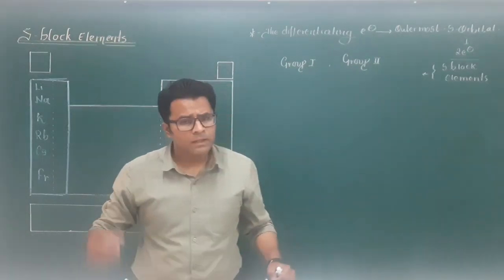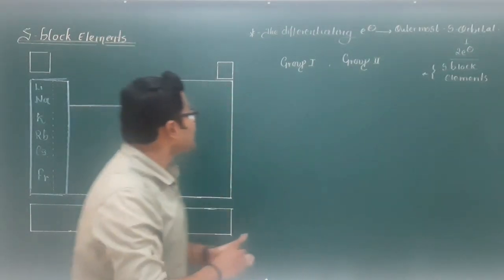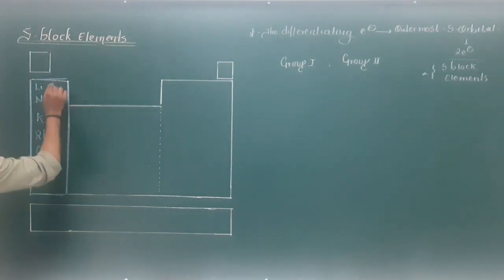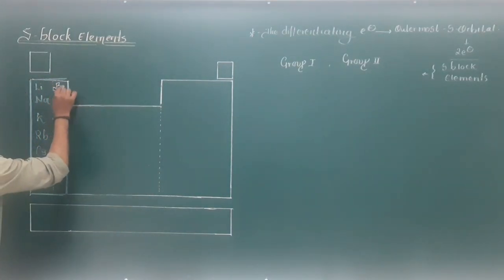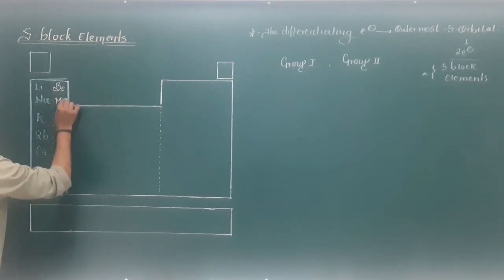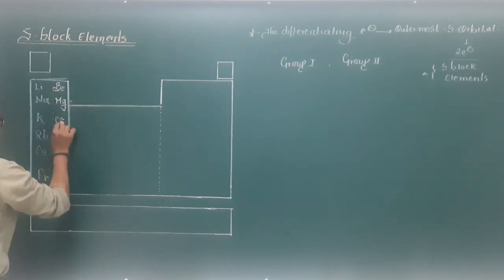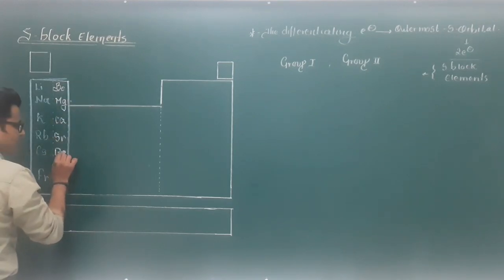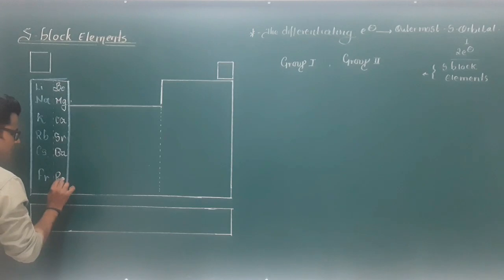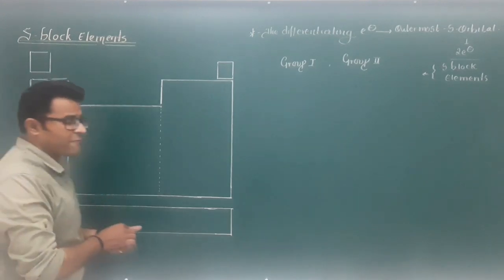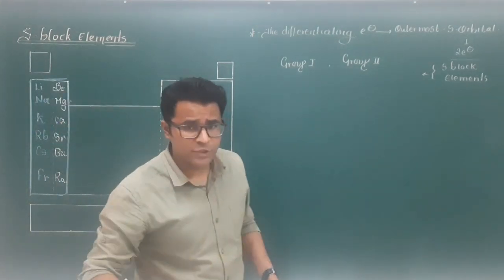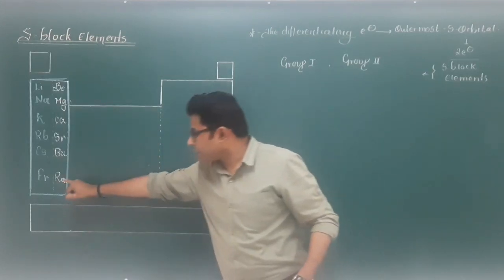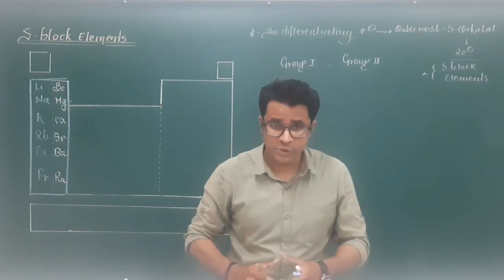Alright? Coming forward to group 2, the elements that we have are beryllium, magnesium, calcium, strontium, barium and radium. Again, radium is radioactive in its nature.